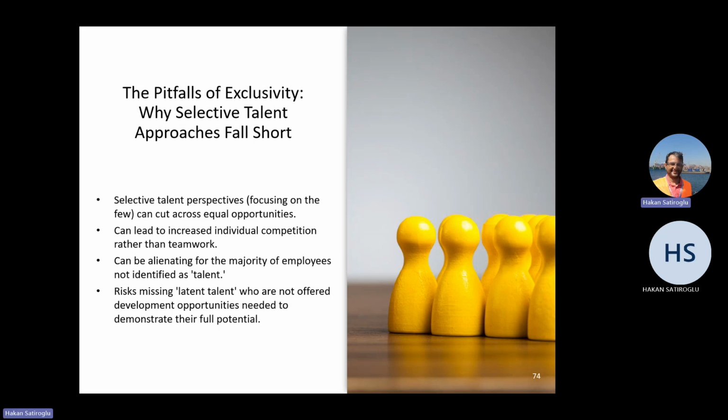Truly resilient organizations may thrive on collective intelligence, not just individual brilliance. I call that a one-man show. Collective intelligence brings some learning organization.